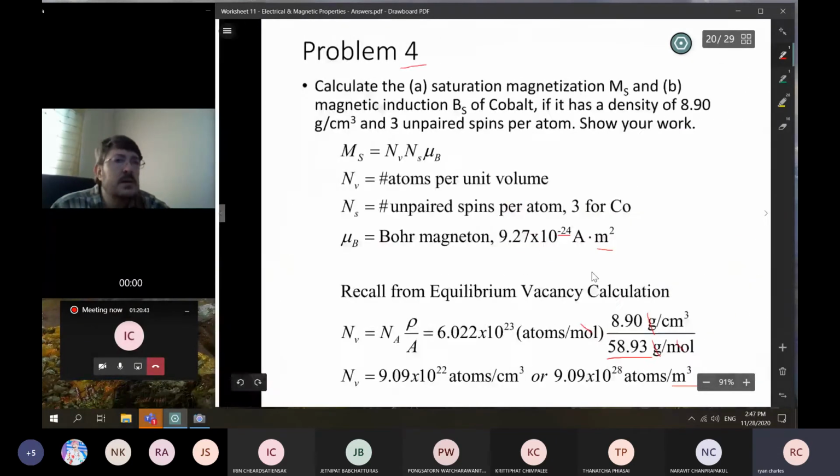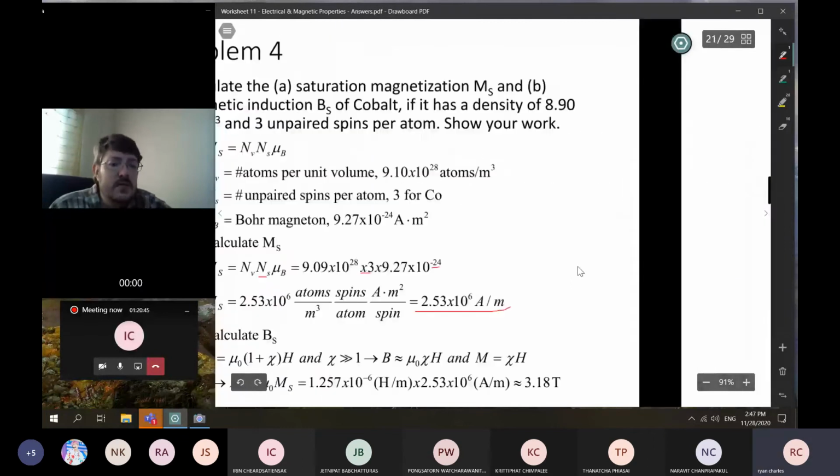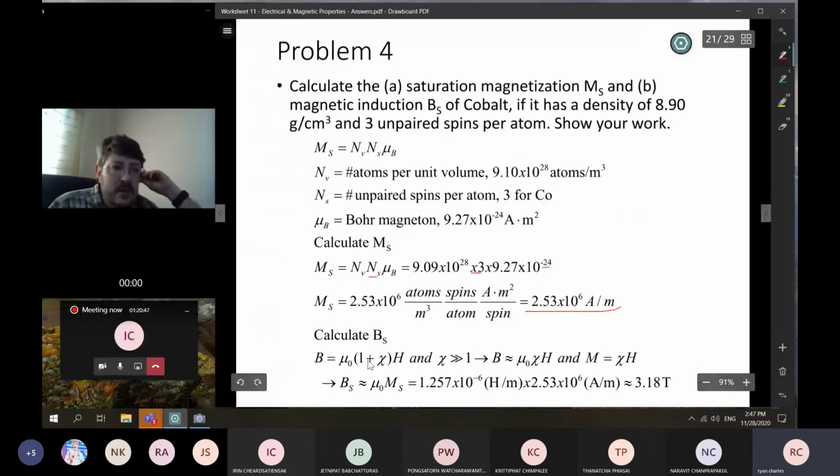Not really. So if it's a really big susceptibility, you can just ignore that 1. Right? So you get B is approximately equal to mu naught X times H. And M is X times H. So saturation here is mu naught times M sub S. We can get rid of that susceptibility that we don't know. And we get this, 3.18 Tesla.